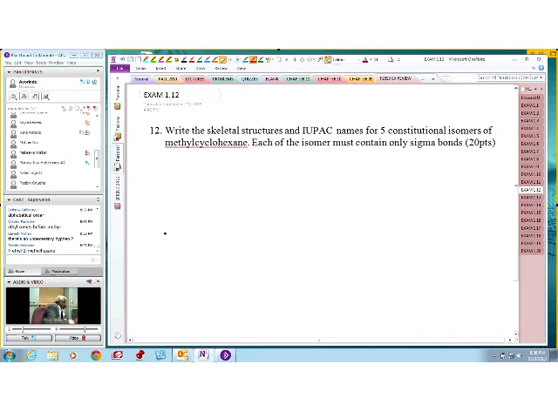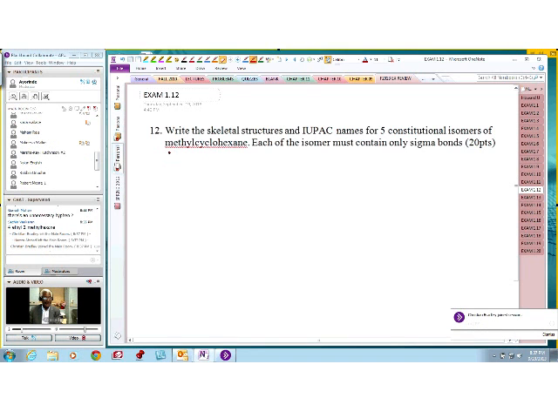Write the skeletal structures and IUPAC names for 5 constitutional isomers of methylcyclohexane.